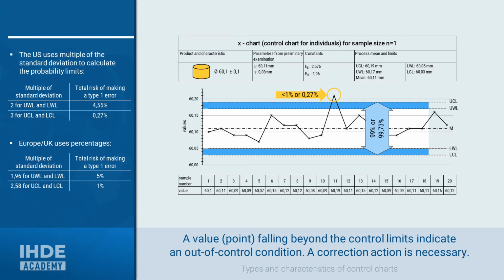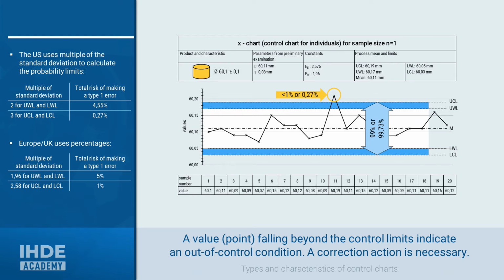Here we can see how small the probability is that a value is outside these limits. In the US, multiples of the standard deviation are used to calculate the limits. For the warning limits, this is twice the standard deviation. This results in a probability of 4.55% for violating a warning limit.